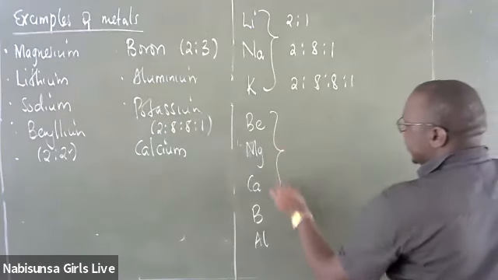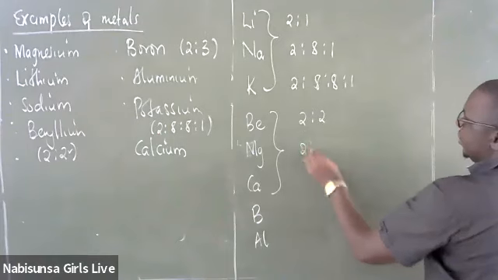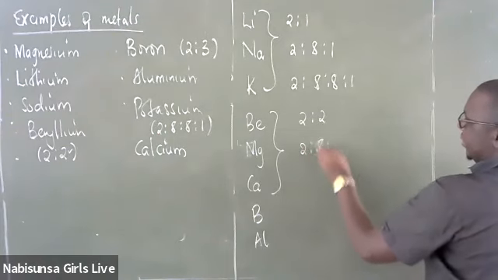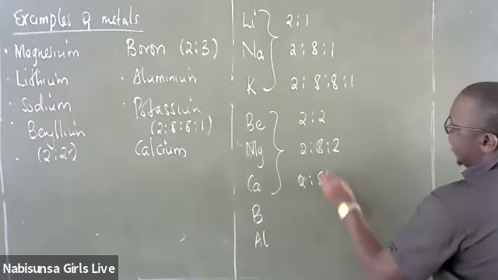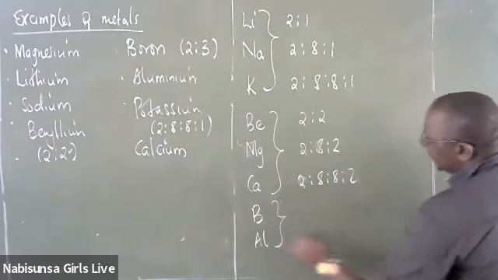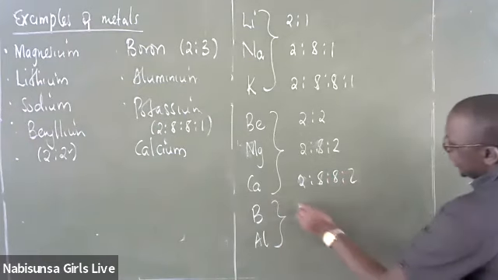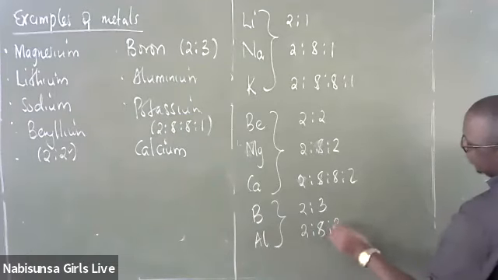These ones belong to the same group. Beryllium is written as 2, 2, magnesium as 2, 8, 2, and calcium as 2, 8, 8, 2. And the next group is boron and aluminium. Boron is written as 2, 3 and aluminium as 2, 8, 3. Do you agree, guys?